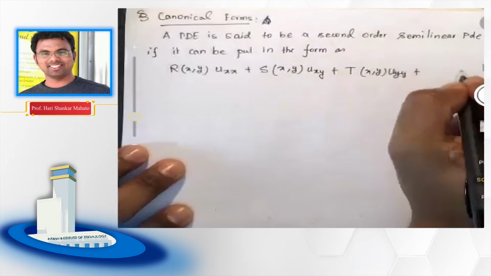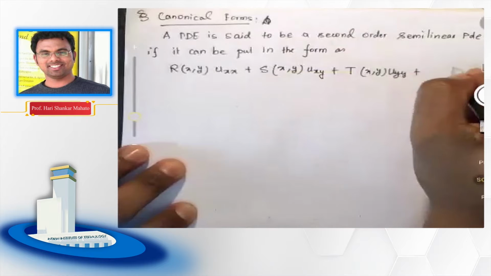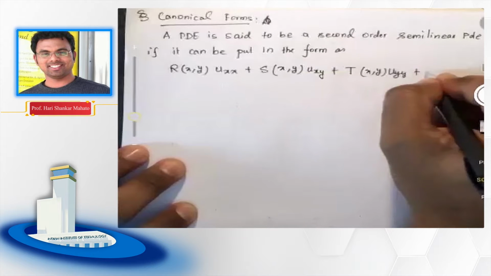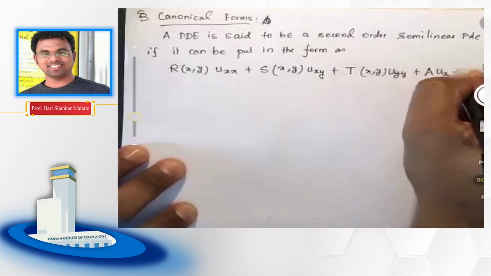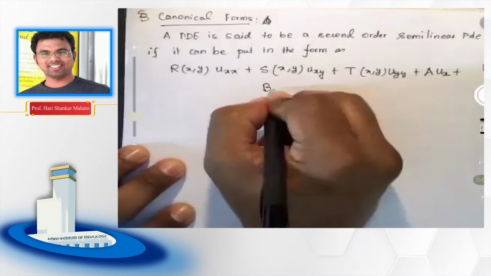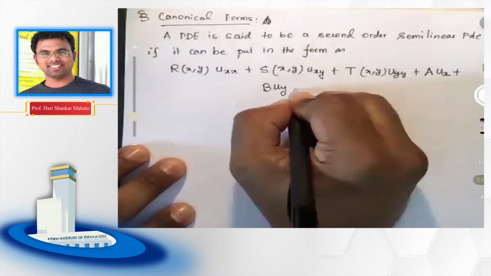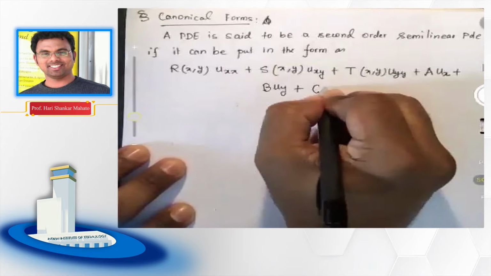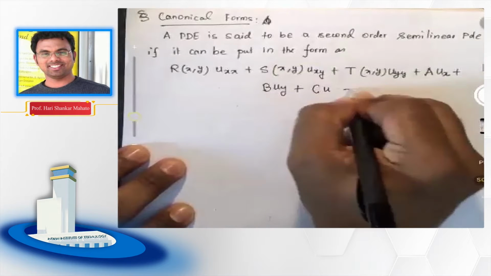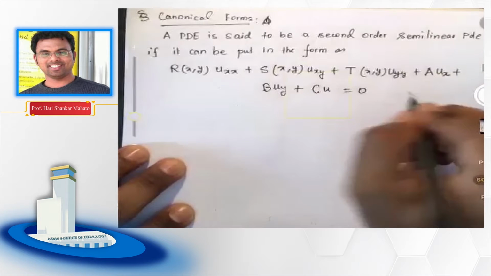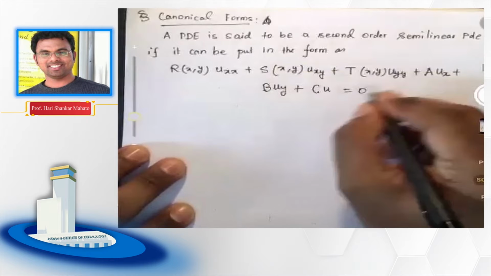You can use A of u_x plus B of u_y, where obviously A and B are functions of x and y. You might have some C of u equals 0, or equals some function f. So this is like a general semi-linear form.